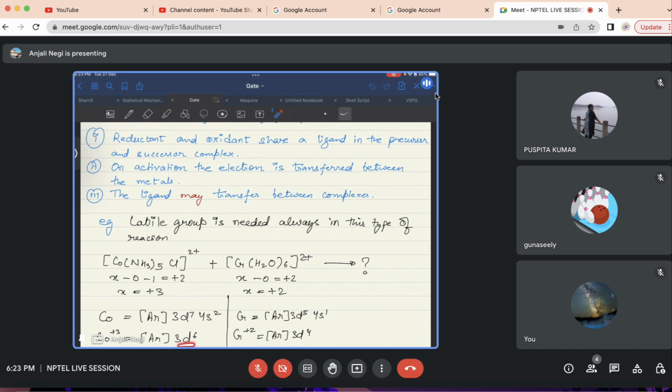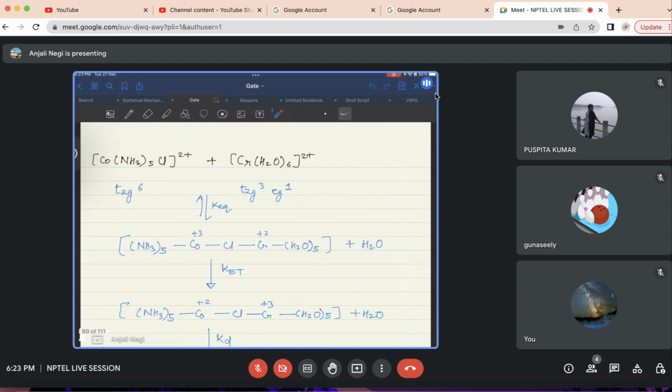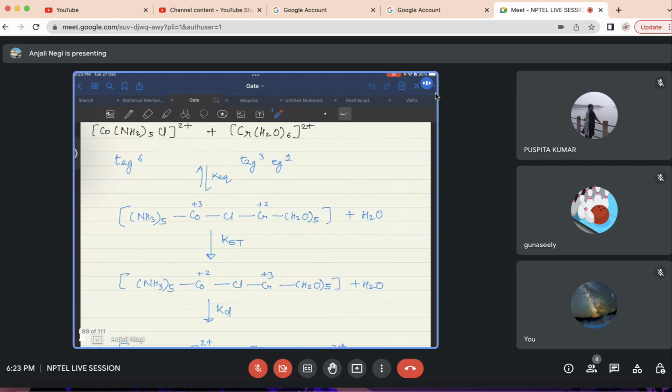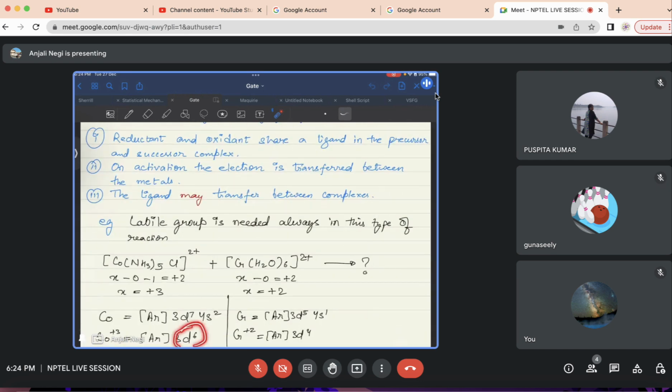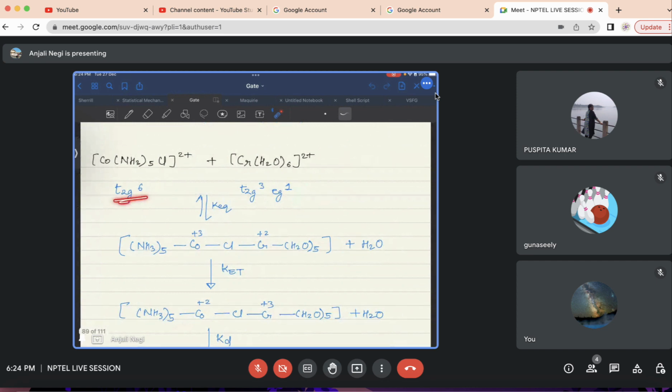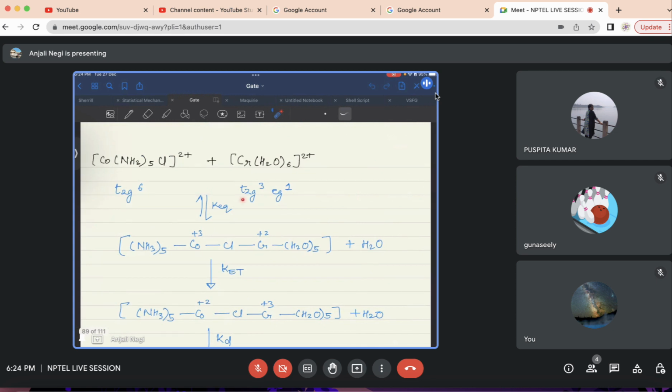So we have here 3d6, we have here 3d4, and both of them are in octahedral field, so we can write in terms of T2G and EG. So we have T2G6 here, and here we have 3d4, so we can write T2G3 and EG1.